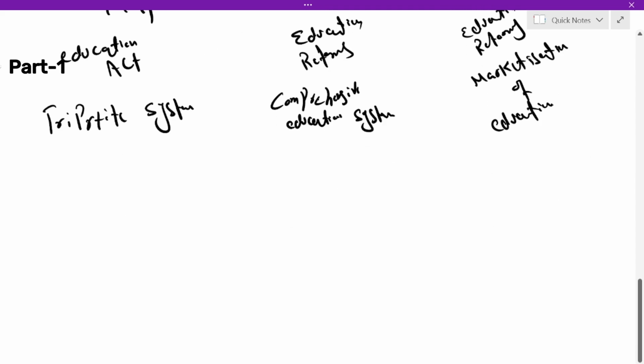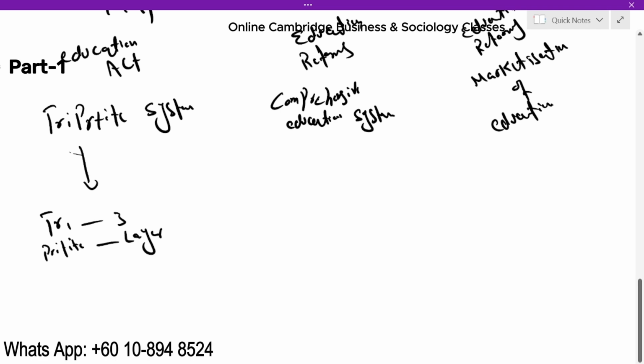If I talk about the tripartite system, tri means three, and partite means layers. That means that particular education system is based on three different layers.